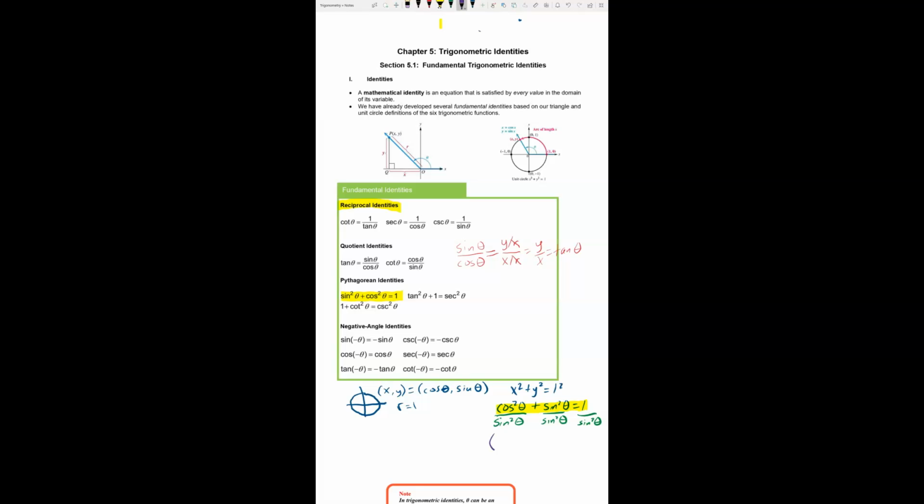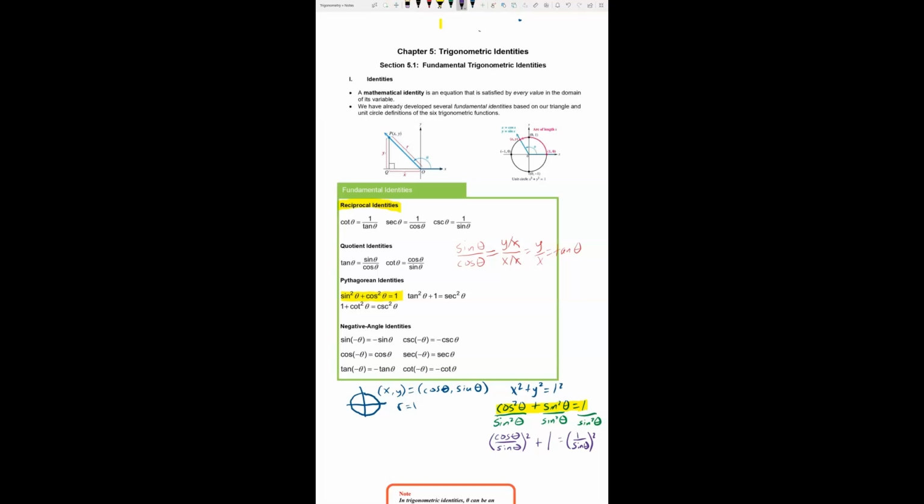Therefore, we could rewrite this as cosine of theta divided by sine of theta, all squared. Now if we take any quantity and divide it by itself, what do we get? As long as the denominator is not 0, we get 1. And also, we could rewrite this as 1 over sine of theta, all squared.